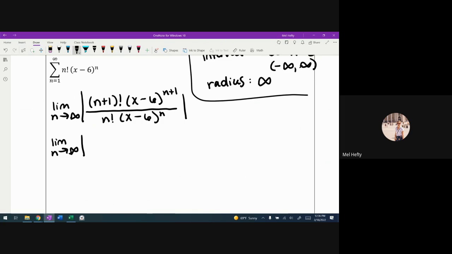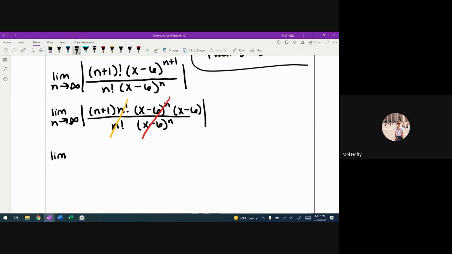Thoughts on breaking it up? On the bottom, I'm going to keep n factorial x minus 6 to the n. What cancels? All right. Interesting. So what I have left is n plus 1 and x minus 6.